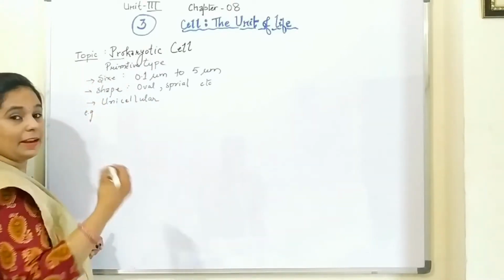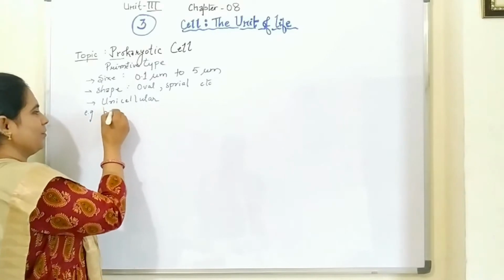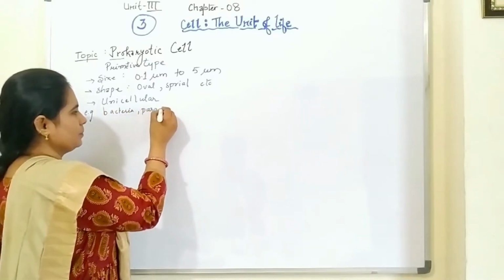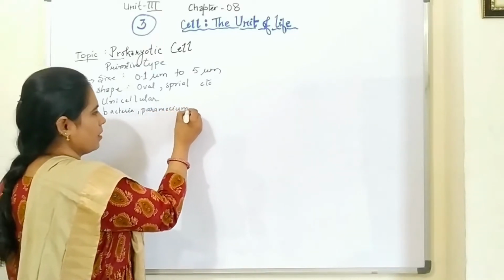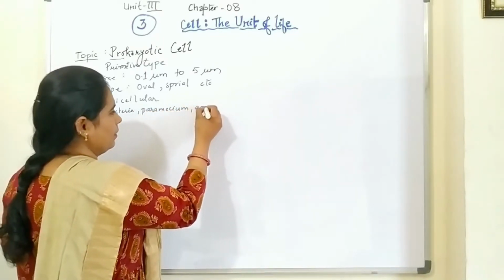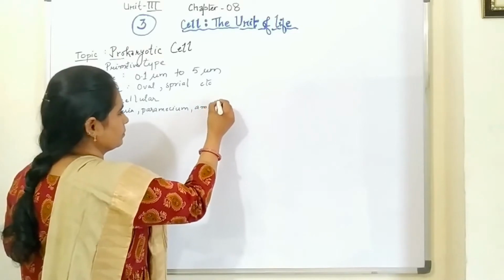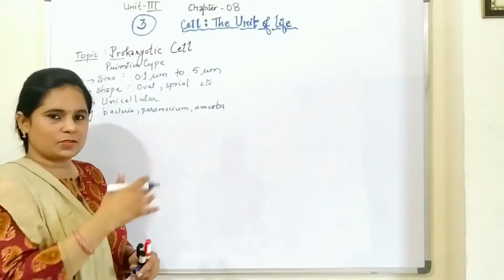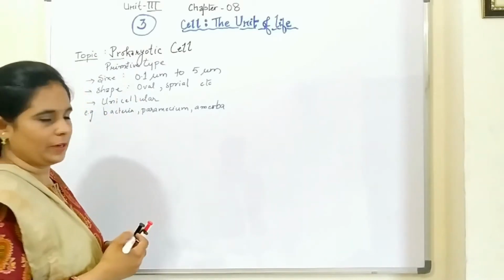Example, very famous examples you know very well, bacteria, paramecium, amoeba. So you have found these structures. These are the prokaryotic cell.